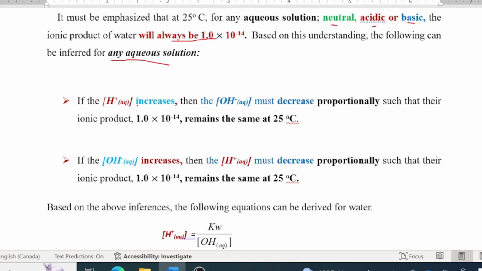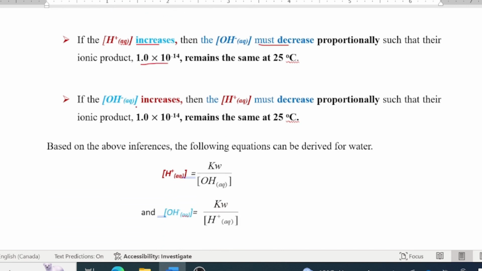If H increases, then OH must decrease proportionally such that the ionic product remains the same. If OH increases, then H must decrease proportionally such that the ionic product stays the same at 25 degrees Celsius.